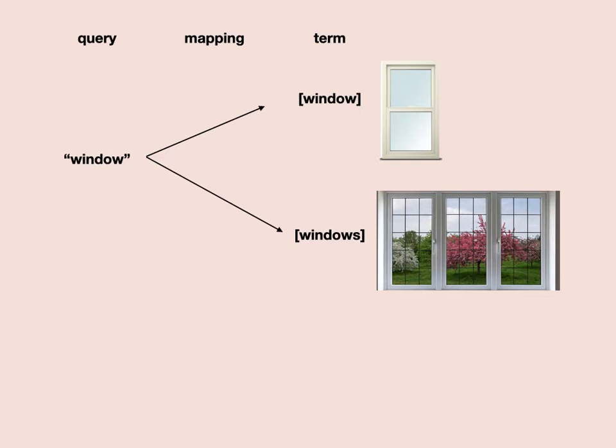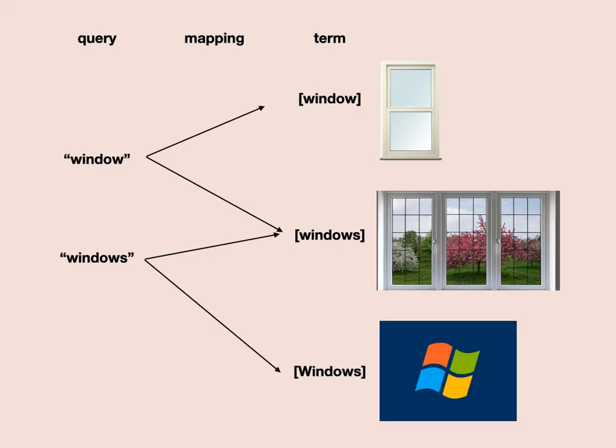Now, if I type windows, well, that's good. It maps to the plural, but I'm probably also searching for something else that you might know. Perhaps an operating system, right? Whereas if I'm looking at capital Windows, that's probably me being very explicit in my search.